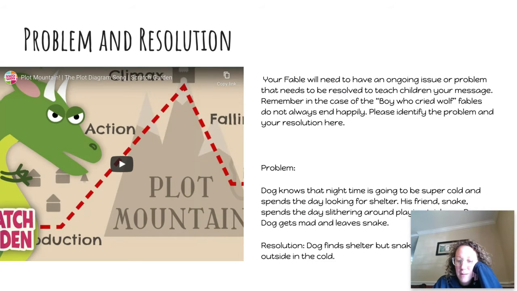A plot is called a story plot. And stories have certain things that they need in them, and it kind of goes along with a mountain. And by having all these different pieces in it, it helps you to have a really good writing piece and also a really good story. So let's go ahead and watch this Plot Mountain and figure out which parts we already have and what parts we need to add into it.